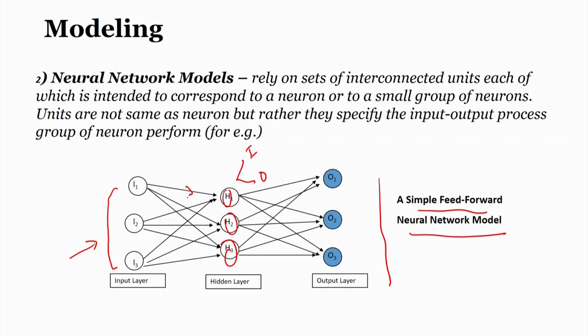Also, the connections that the input layer has with the hidden layer have weights, and the strength of this connection will decide whether the hidden units show a response of excitation or inhibition.